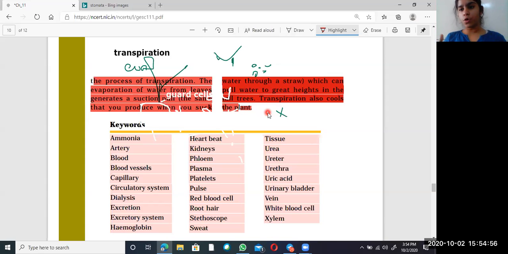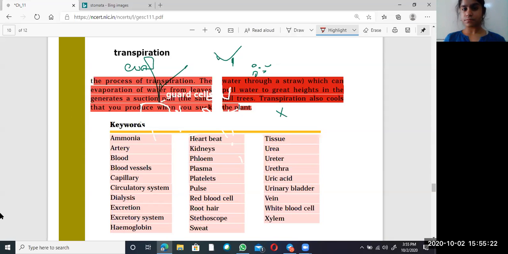In plants, water doesn't go up by itself through atmospheric pressure; there must be something that makes it go up. For that we have tissues, which we have just discussed. Let me recap. There are two types of tissues, xylem and phloem. They help in the transportation of food and water in plants. Xylem helps in transportation of water and minerals, whereas phloem helps in the transportation of food.